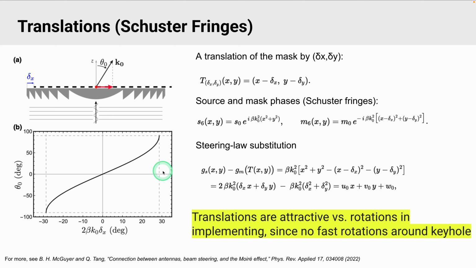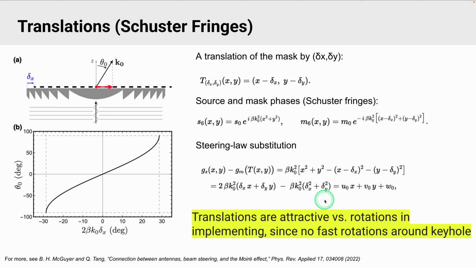As we were exploring all kinds of existing Moire patterns, we found Schuster fringes very interesting. And Schuster fringes follow this quadratic formula. With only translations, the beam can steer in the elevation plane.